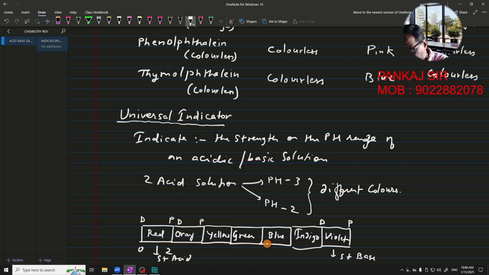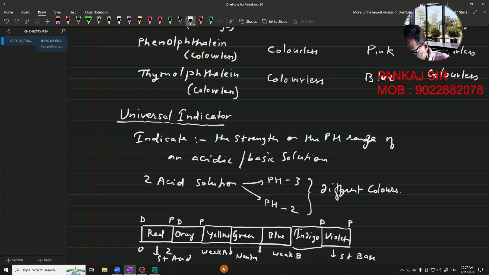And neutral will be somewhere in the green region. This will be neutral, these are going to be your weak bases, and these are going to be your weak acids. So depending on the color and whether the color is dark or pale, you can decide whether it has a pH value in a particular range.